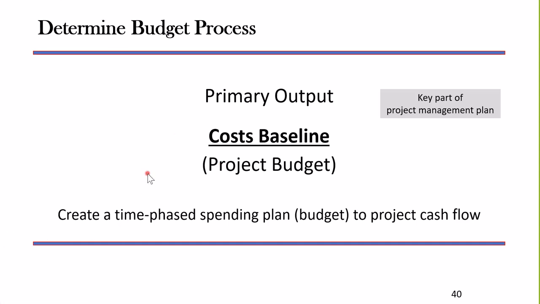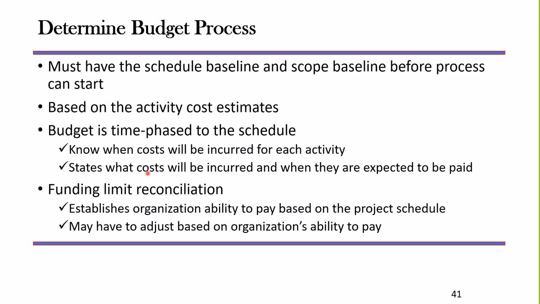We have our scope, schedule, and cost baselines, which are foundational to the details of the project and what we're going to be delivering, what our expected schedule is, and what our costs are expected to be. So just a couple of comments here. We have to have the schedule baseline and scope baseline before we can even start this process.